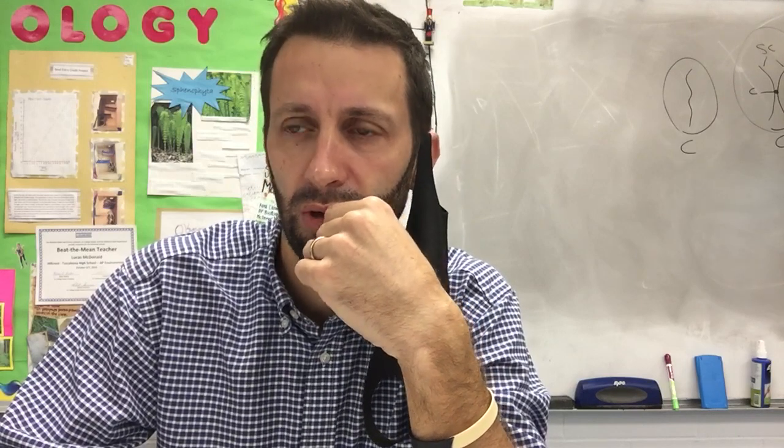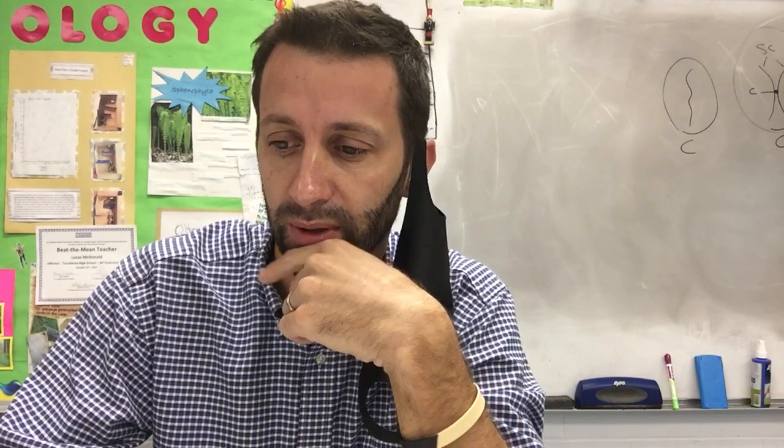Now, does that mean the cell doesn't mess up its exchange of DNA when it's dividing? It can still mess up. What's an example? Down syndrome is probably the most classic example where the chromosomes don't separate properly.